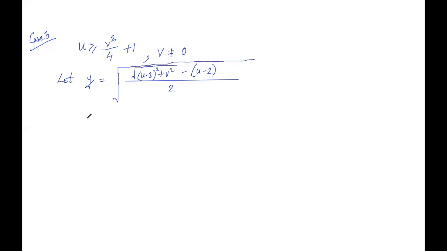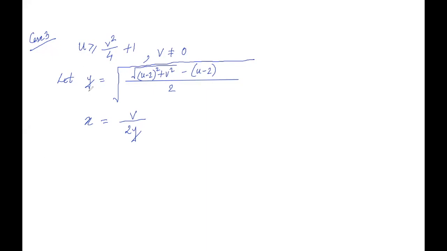Okay, and my x to be v by 2y. So all these values of x, y that I am taking are back calculations. If you just calculate it and see, you can easily get what x and y you need.